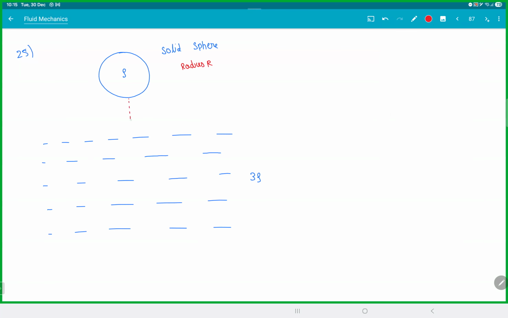Radius r, and let's say this height is 2r. Find the maximum depth the ball goes inside the liquid. Take it as 3r only for safe side. I don't want it to stop somewhere in the middle. Now, if I try to use my calculator method, it becomes a mess.